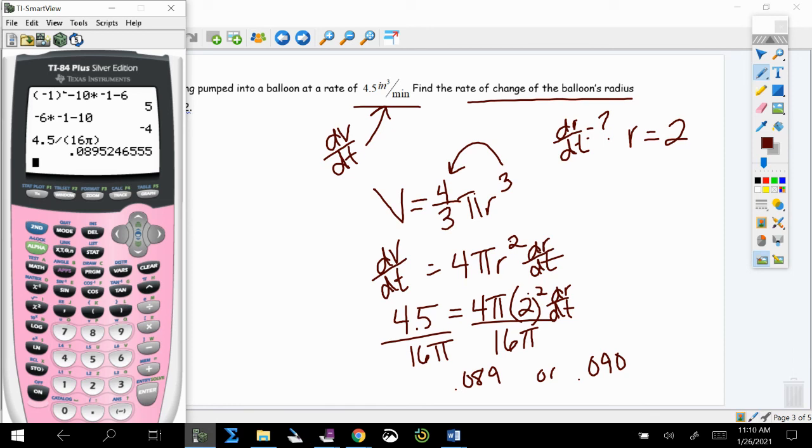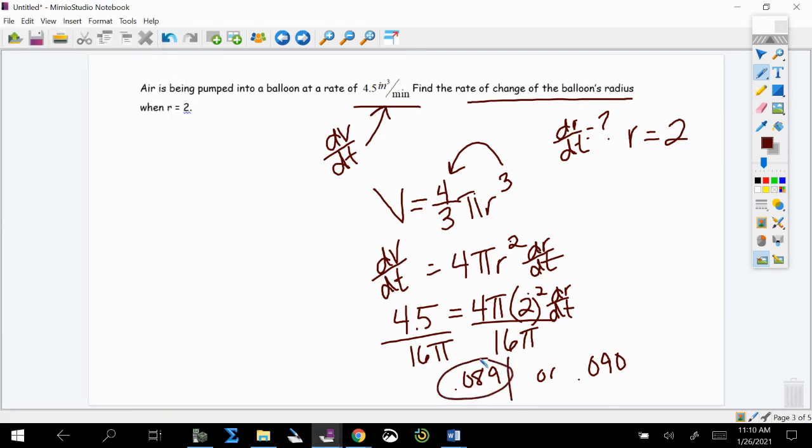Truncate literally means just write the first 3 numbers and chop it off. The AP is so focused on those 3 decimals, it does not even matter if you put something totally wrong after those 3 decimals. So if you put 0.089 and then you just started putting the numbers in your phone number or your lucky number, they don't care. They only grade up to the first 3 digits. So as long as you have that or the rounded version, you are correct.